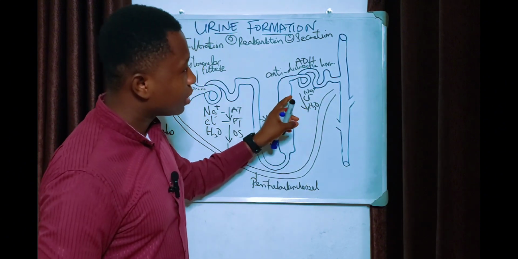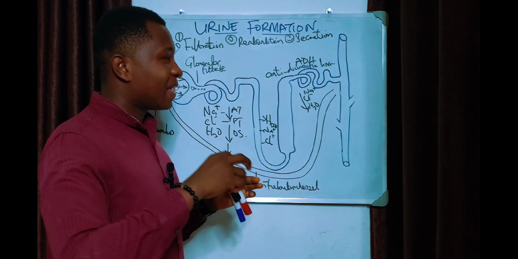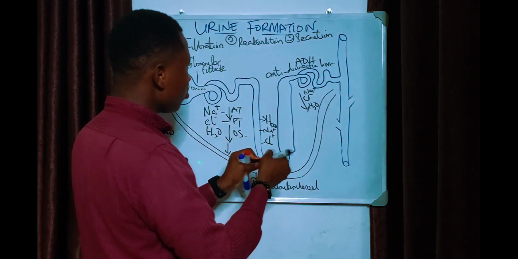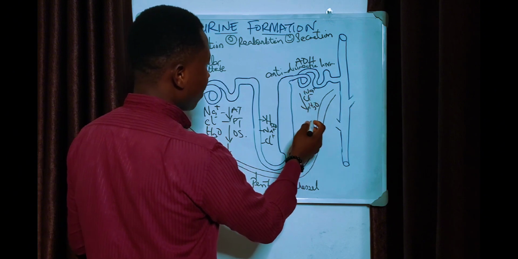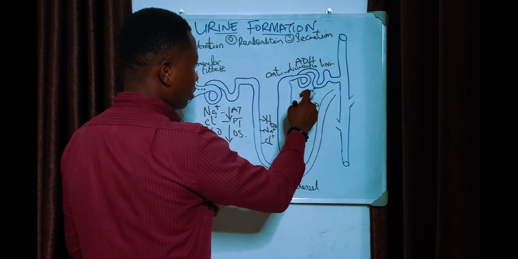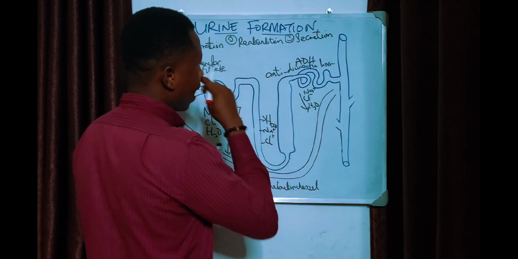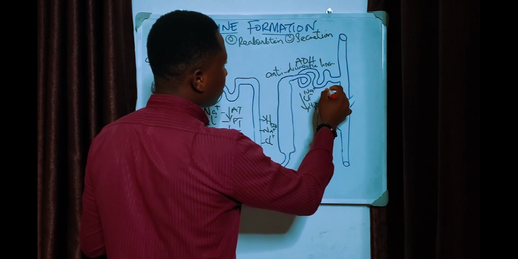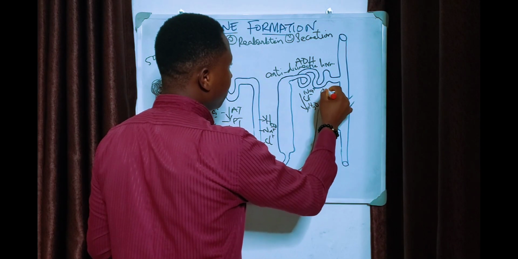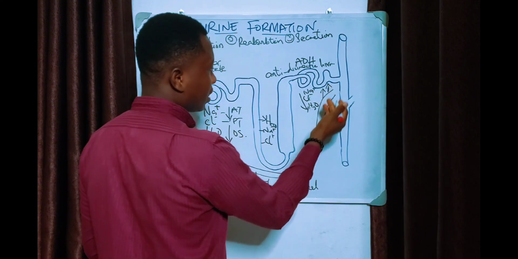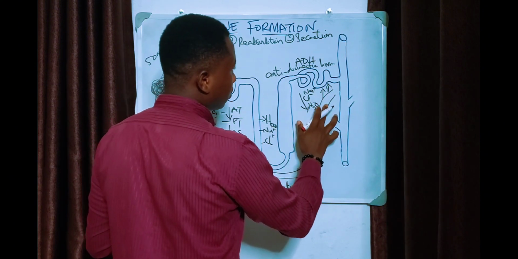And at this point, the substances that are secreted into the distal convoluted tubule, what are the substances that can move back?